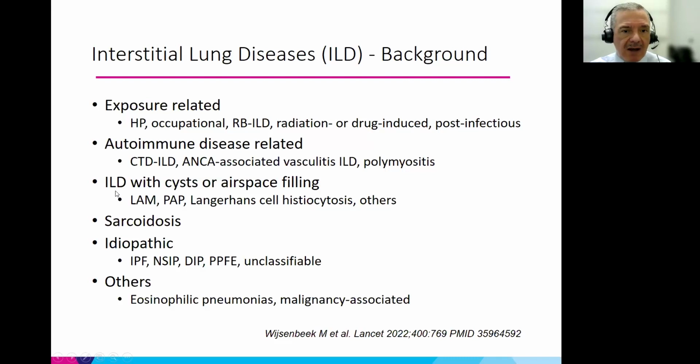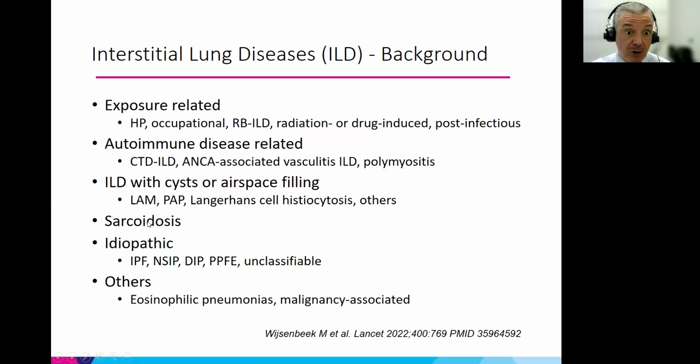Then you have the ILDs that have cyst or airspace filling, and that includes lymphangioleiomyomatosis, pulmonary alveolar proteinosis, Langerhans cell histiocytosis, and others. Sarcoidosis is a group by itself. I mentioned a little bit about that. Sarcoidosis is an interstitial process.